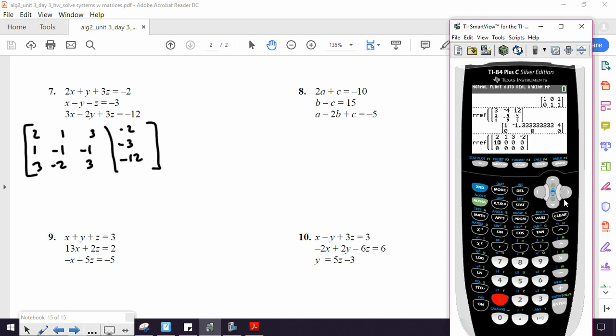Then we have 1, negative 1, negative 1, negative 3. Lastly, we have 3, negative 2, 3, negative 12. Please make sure you read it aloud like I do and double check to make sure everything looks good before you hit enter. And now we can hit enter.